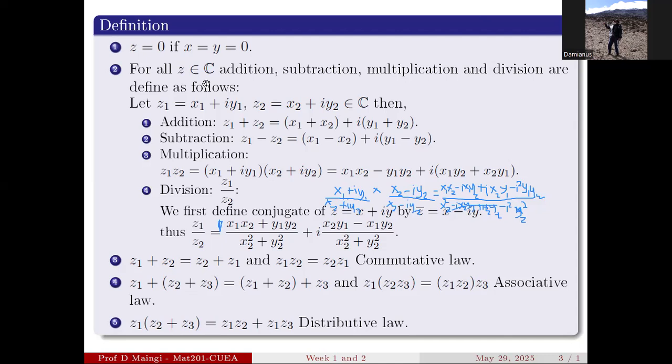What is a complex number? It must have a real part, it must have an imaginary part. So the real part, imaginary part. And so, ladies and gentlemen, that is what we call operations, the four basic operations on the set of complex numbers.